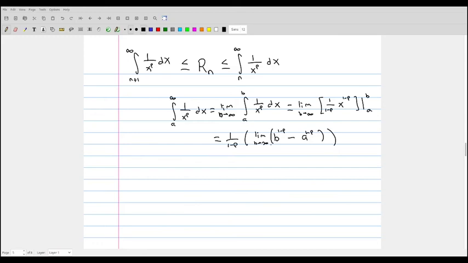Where the limit as b goes to infinity of b to the 1 minus p is going to be 0 when p is greater than 1. So this is just going to be equal to negative a to the 1 minus p over 1 minus p, or a to the 1 minus p over p minus 1.